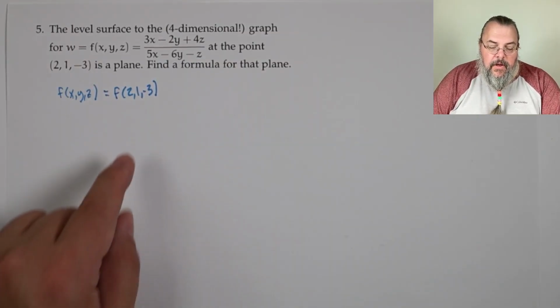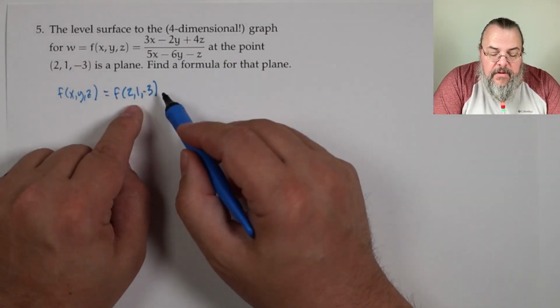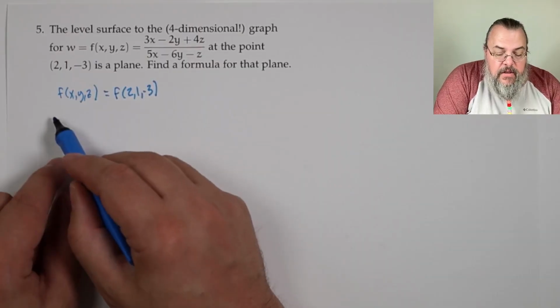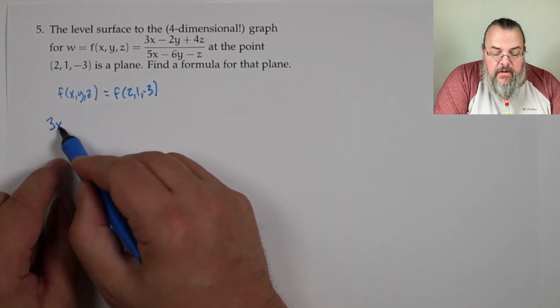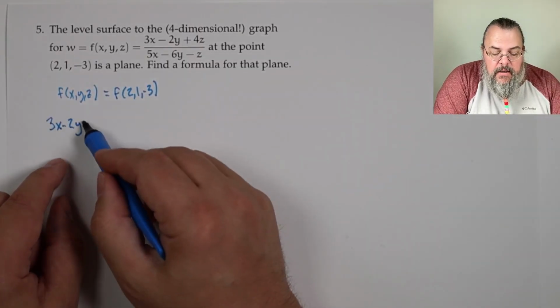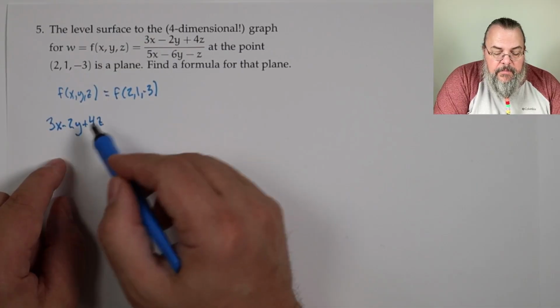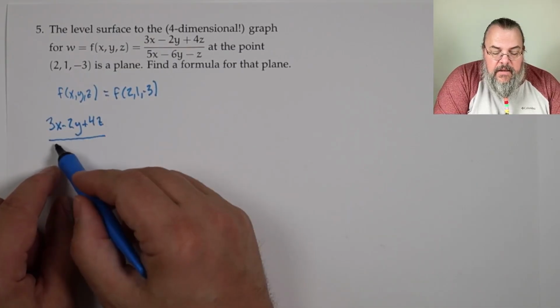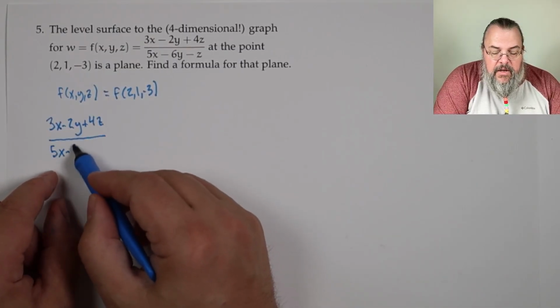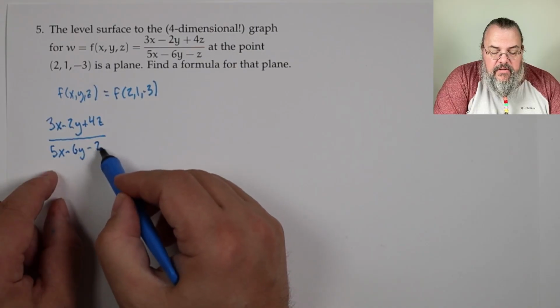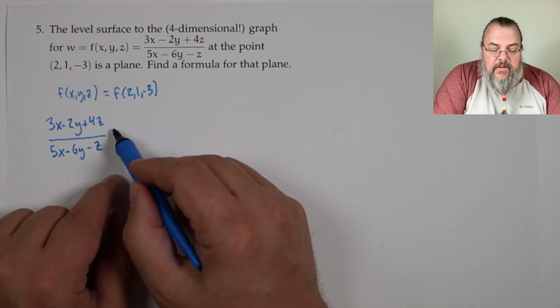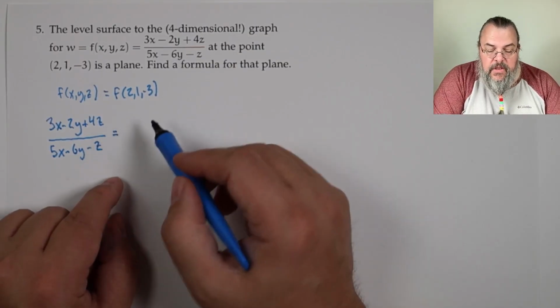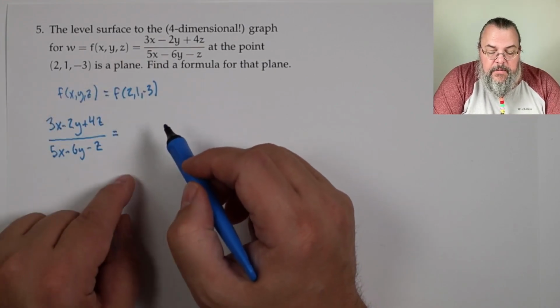So we say, oh, okay, so we plug this in. Now f of xyz, that's 3x minus 2y plus 4z, divided by 5x minus 6y minus z. That's got to be equal to, now plug in your numbers.